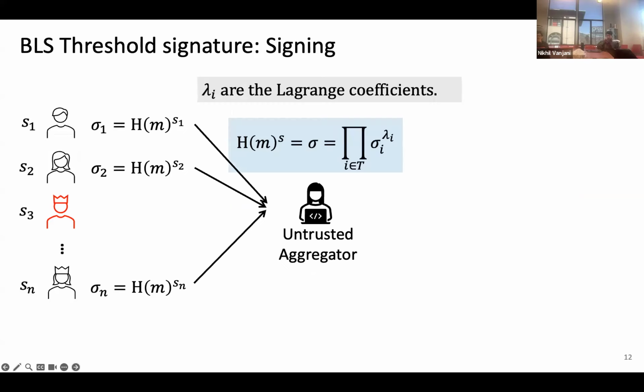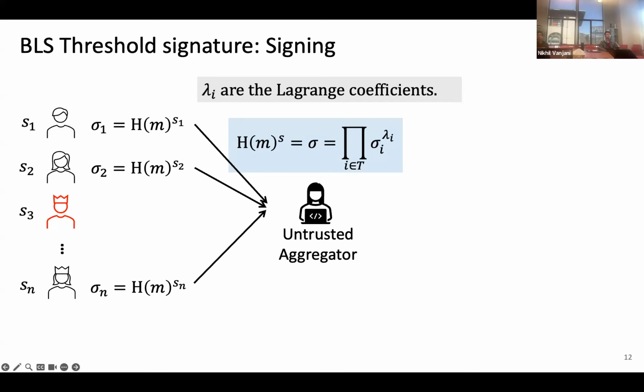The untrusted aggregator takes the partial signatures. We'll first locally validate them using the threshold public keys, but we're hiding a step here. And then it does this public operation: it takes the individual partial signatures and raises them to lambda i, which are Lagrange coefficients. We can assume these are deterministic coefficients that the untrusted aggregator can compute. It just computes the sigma like this.